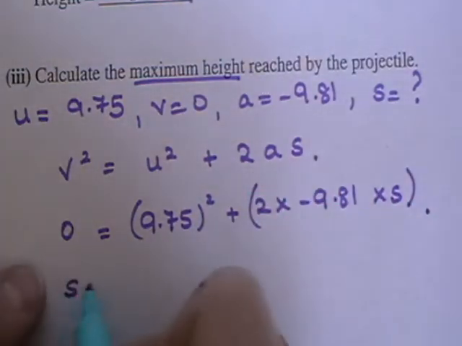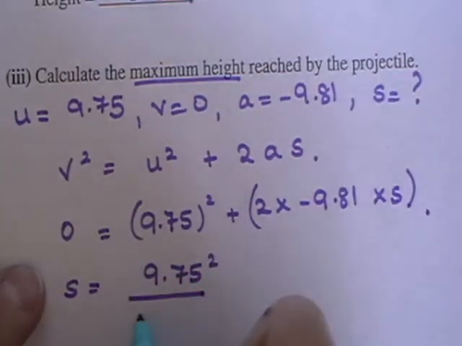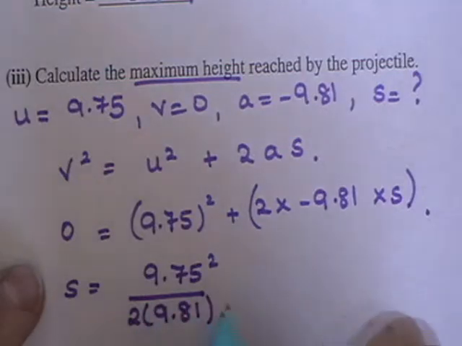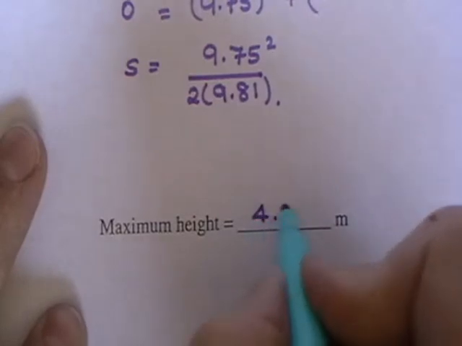So s comes out to be 9.75 squared divided by 2 times 9.81. And that gives you an answer of 4.85 metres.